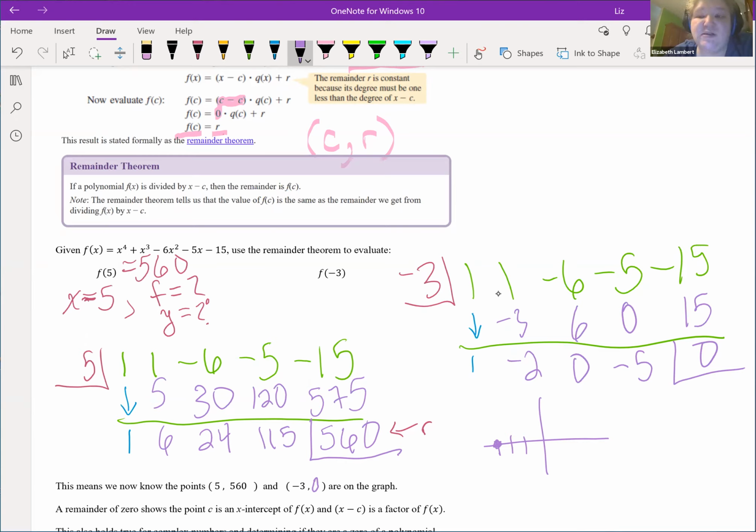And it means that number flipped back over, x plus 3, would divide nicely, is a factor of this huge polynomial. And in fact, the result would then be, it was x to the 4th, so this is x cubed minus 2x squared plus 0x minus 5. That times x plus 3 gets me back to the original function.